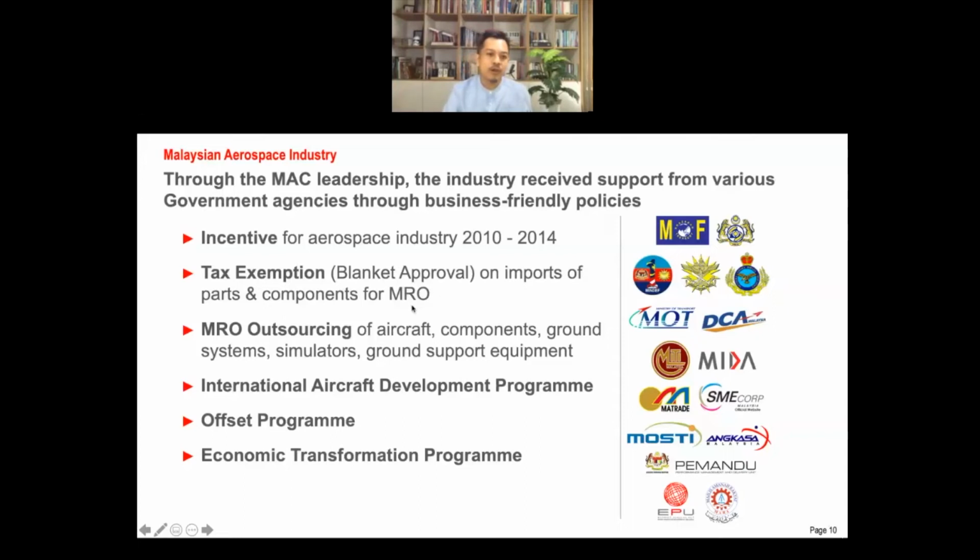This is to encourage airlines to come to Malaysia because there will be no tax when the parts are imported. MRO is conducted in Malaysia, but some of the parts are not produced in Malaysia, so they have to be imported from outside. That's why tax exemption is very helpful, and it does bring in many contracts for MRO into Malaysia.